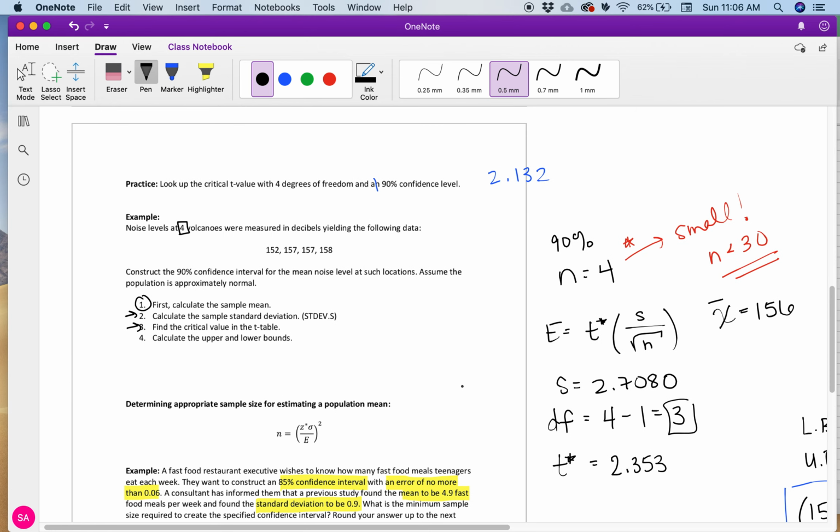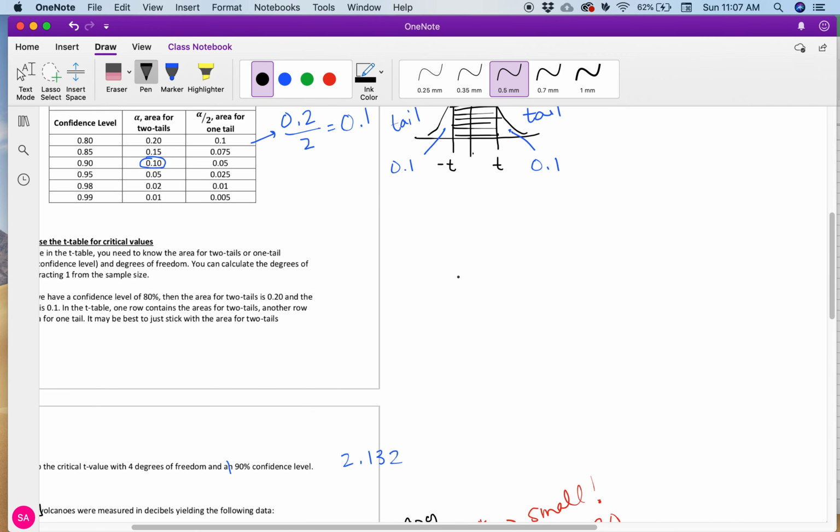If you have a small sample, then you need to use the t distribution. So if n is less than 30 and your sigma is unknown, that means they're not giving you information on the population standard deviation. They're probably giving you the sample standard deviation, or in our case, we had to calculate it. That's when we use the t distribution, the t table.